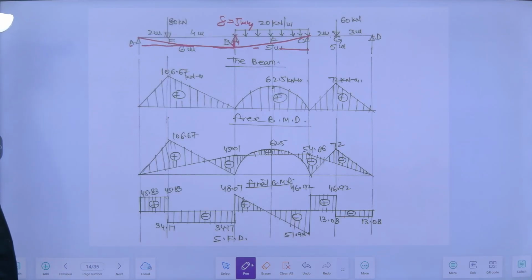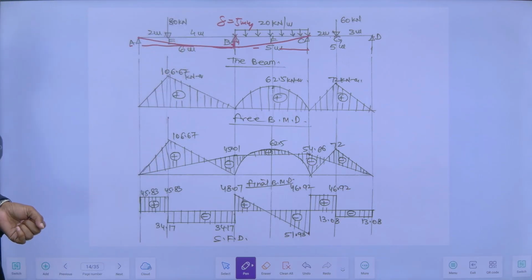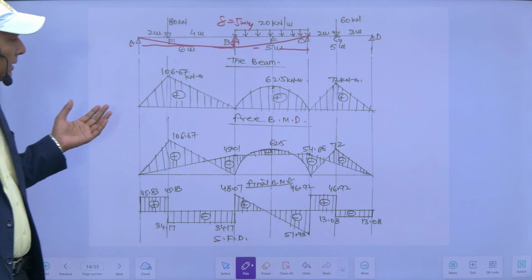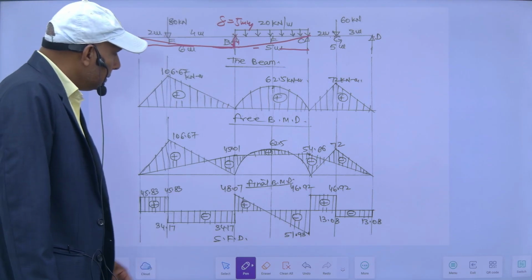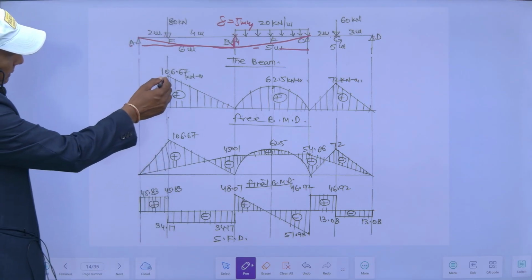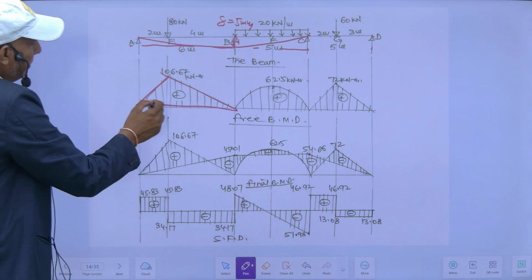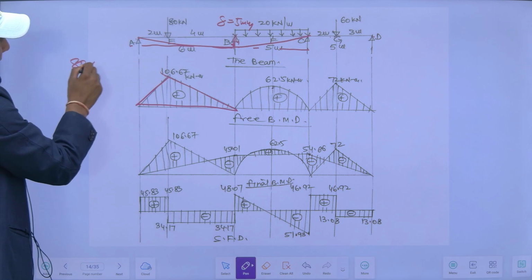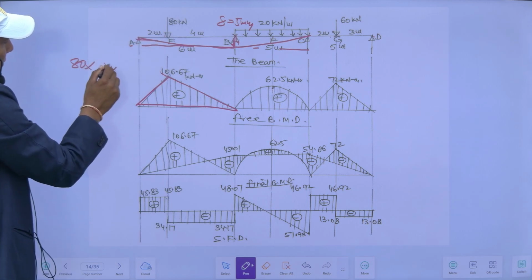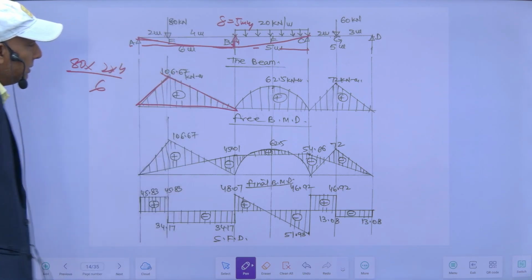As I have explained in my derivations, I have to treat each span separately as a simply supported beam, and I will draw the BMD. This is my free bending moment diagram, by treating it as a simply supported beam. So this ordinate will be 80 into 2 into 4 by 6, so I will get 106.67.